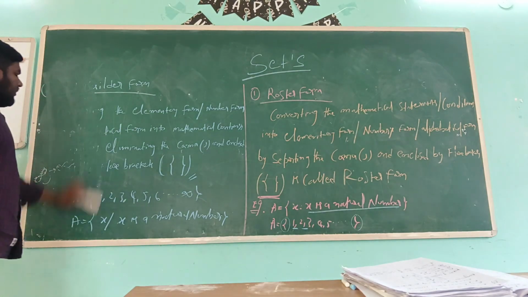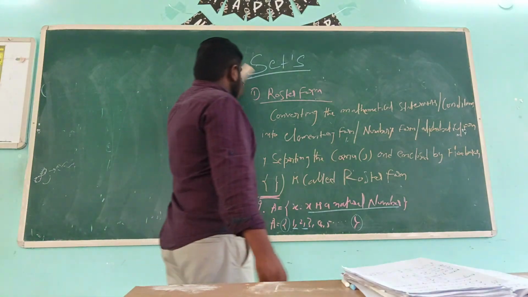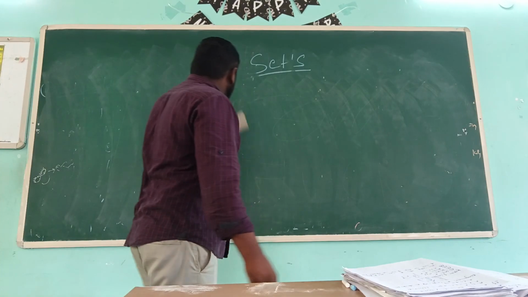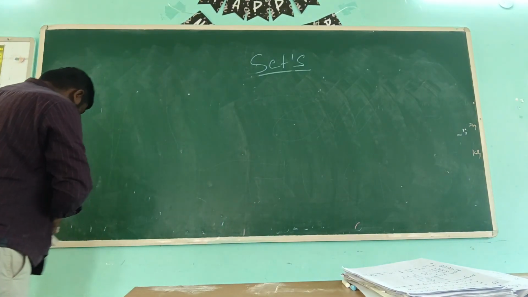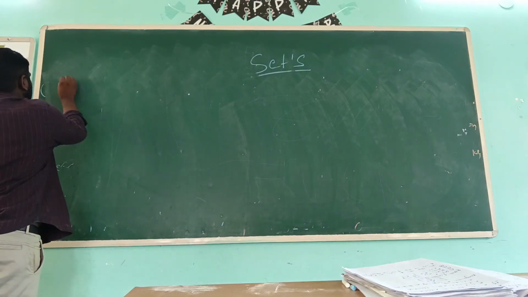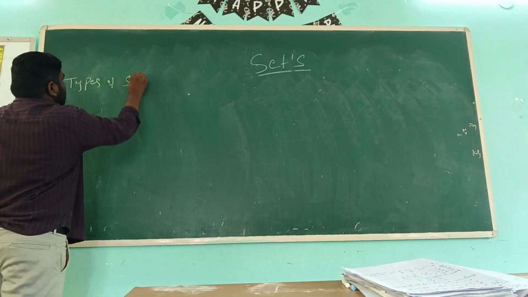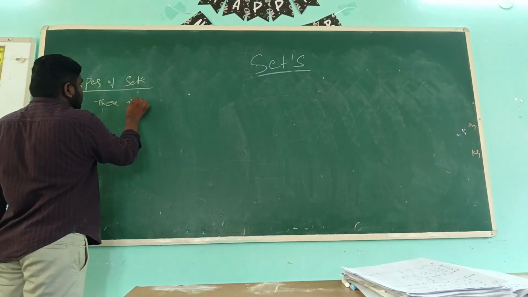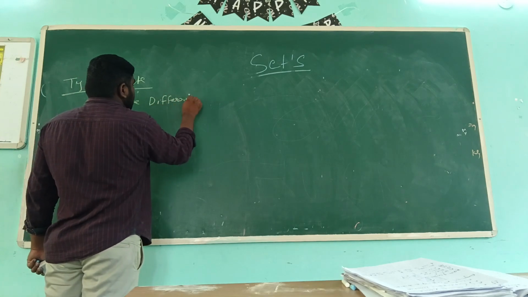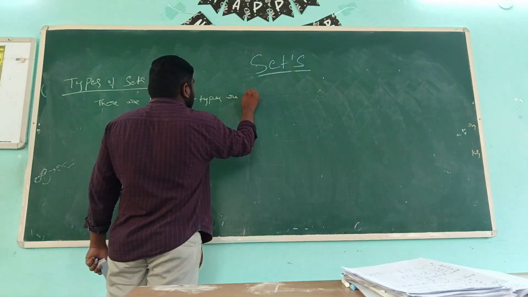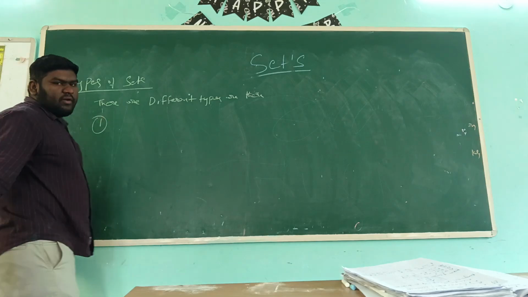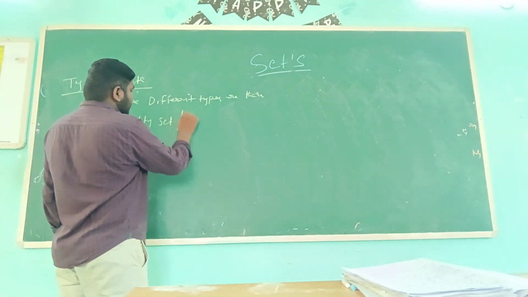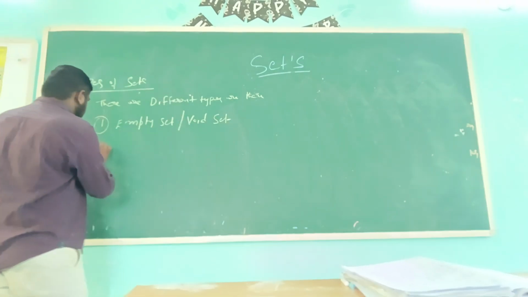Now we will go for the types of sets. There are different types of sets. One is the empty set or void set.